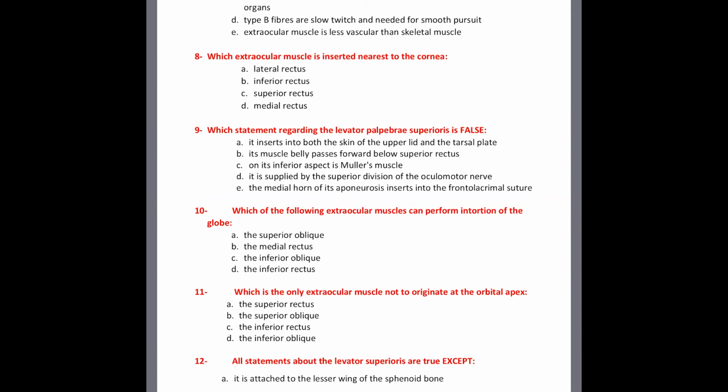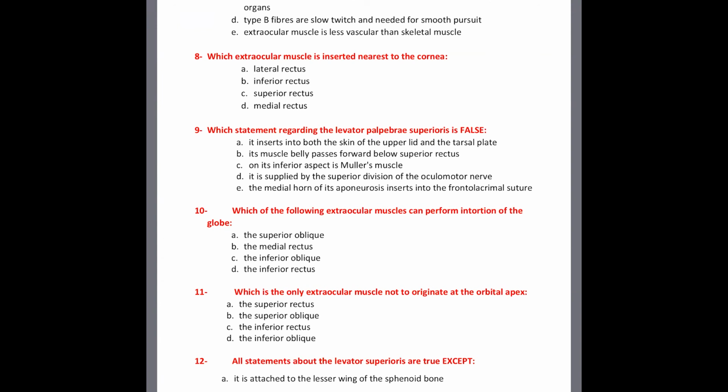Which statement is false about the extraocular muscles? The C fibers are required for tonic contractions. Yes, C for tonic. Actually A is for twitch or fast fibers, and B and C are for slow or tonic contractions.